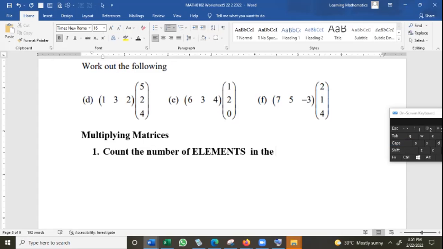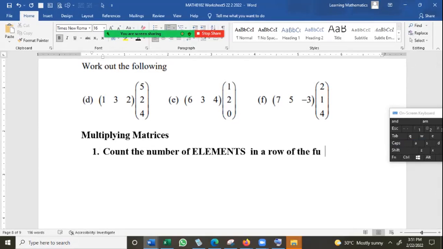In the row of the first matrix, because they'll put them side by side. AB, you see it's side by side, the first and the second. So you count the number of elements in the row of the first.